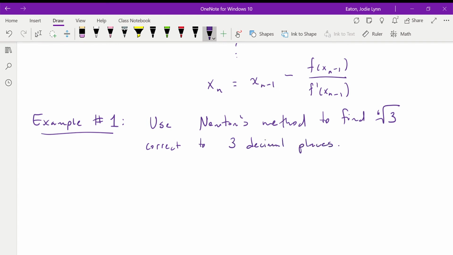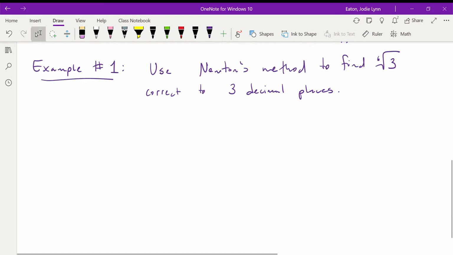We want to turn this into a question that involves finding a root. So we have x equals the 6th root of 3. We want to make this into finding where a function equals 0. So let's rewrite this.